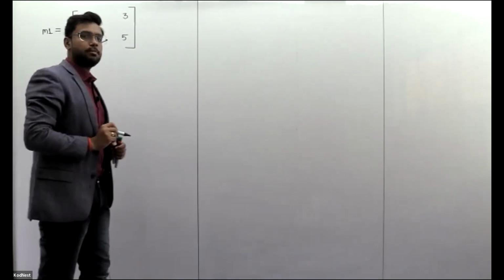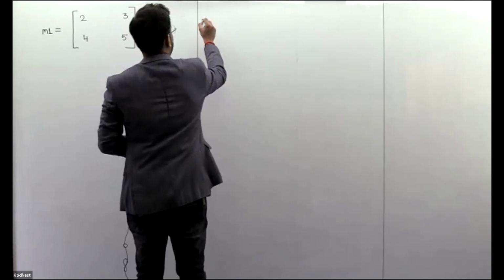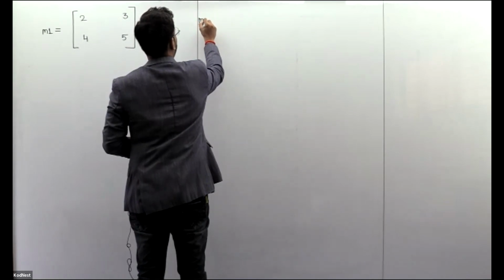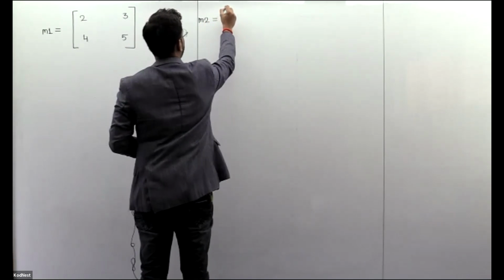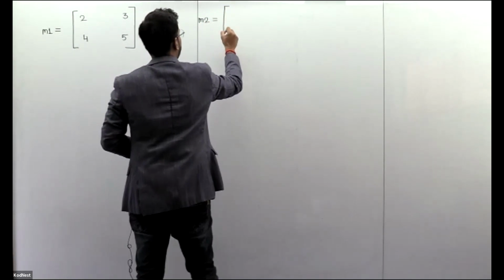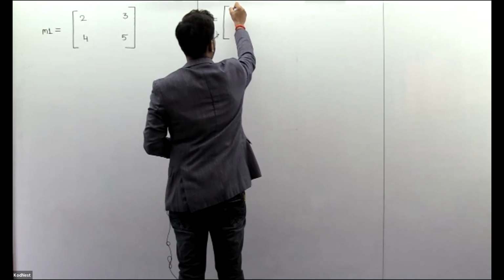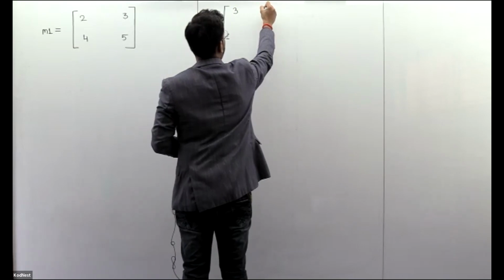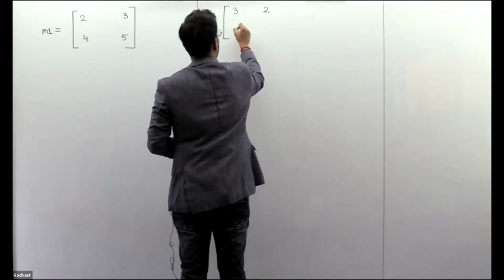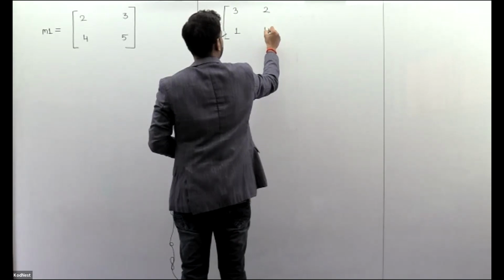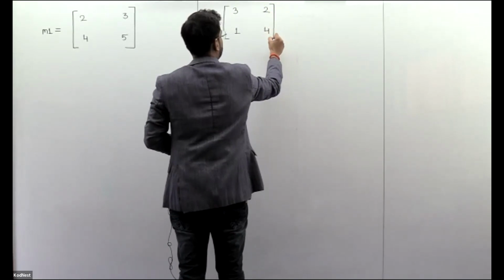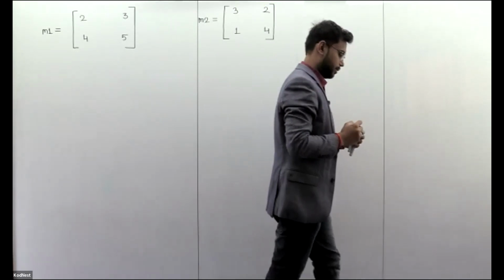This is the M1 matrix, and with it there is one more matrix given for us, the M2 matrix, and here I will write maybe 3, 2, 1, 4. This is the second matrix which we are having.